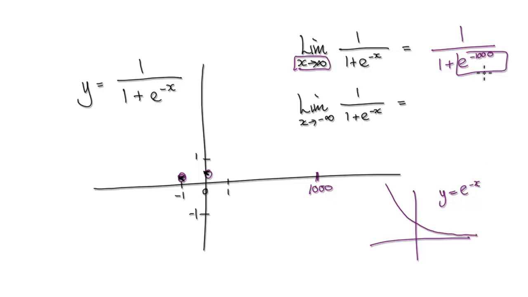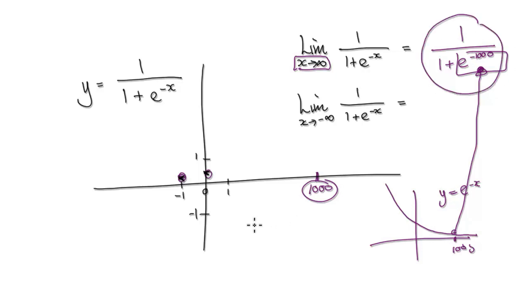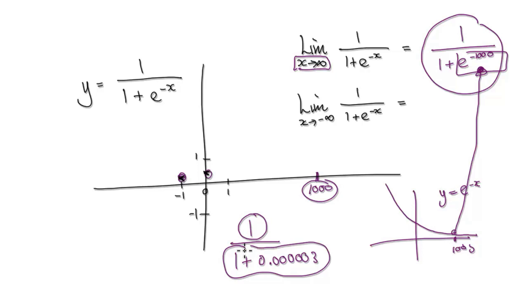When x is 1000, you can see that this thing here is going to be very, very small. So that would be roughly 1 over 1 plus very, very, very small. So in your mind, picture a really, really small number.